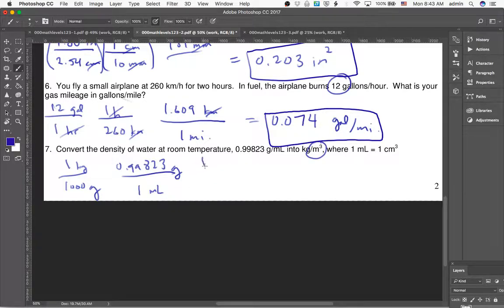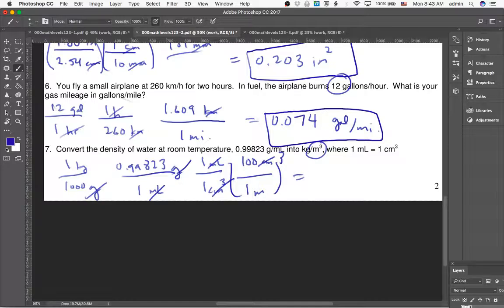In 1 milliliter there's 1 cubic centimeter, and there are 100 centimeters in 1 meter, but this whole thing is going to be cubed, so I can cancel cubic centimeters with cubic centimeters. The milliliters cancel, the grams cancel, so I end up with kilograms on top and meters cubed on the bottom.